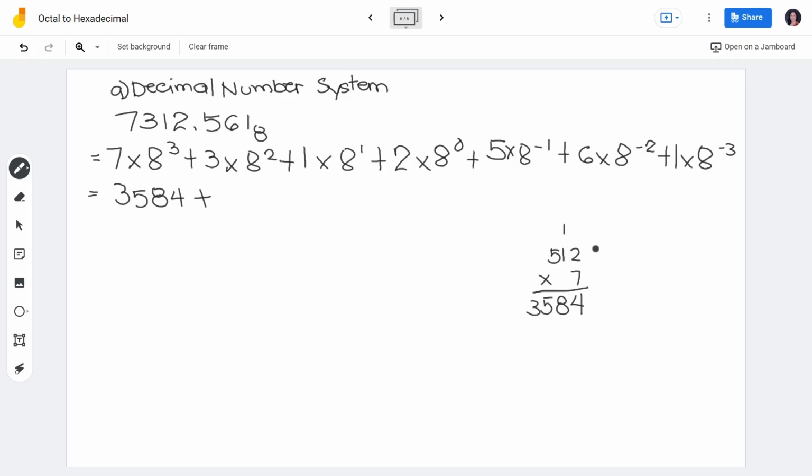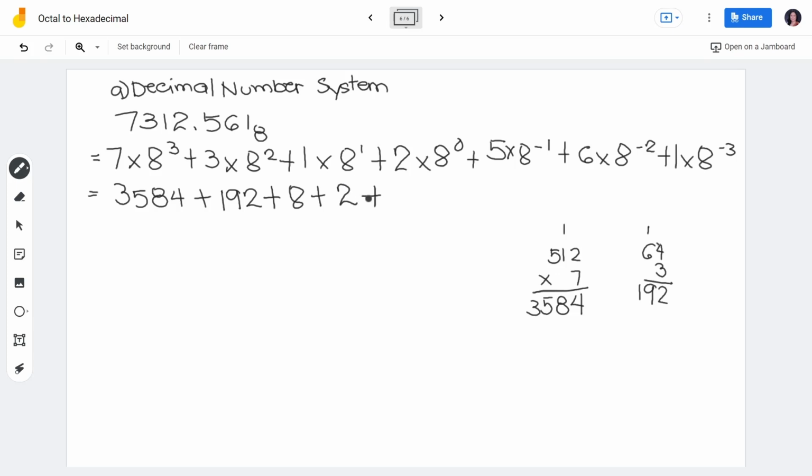Plus 64 times 3: 4 times 3 is 12, 6 times 3 plus 1 is 19, so 192. Plus 8, plus 2 times 8 raised to 0, which is 2.